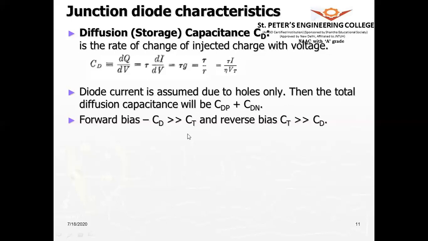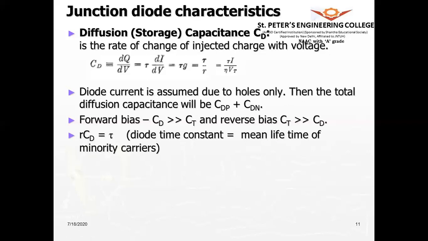Transition capacitance is predominant when the diode is reverse biased, and diffusion capacitance is predominant when the diode is forward biased. When it is forward biased, the capacitance is made of these injected charge carriers, the injected charges that have crossed the junction.